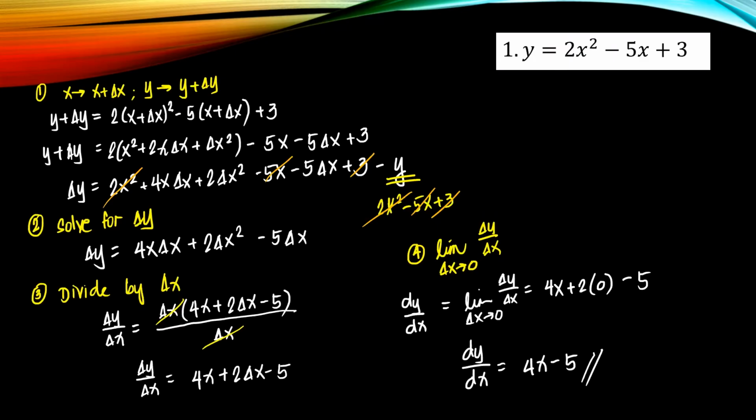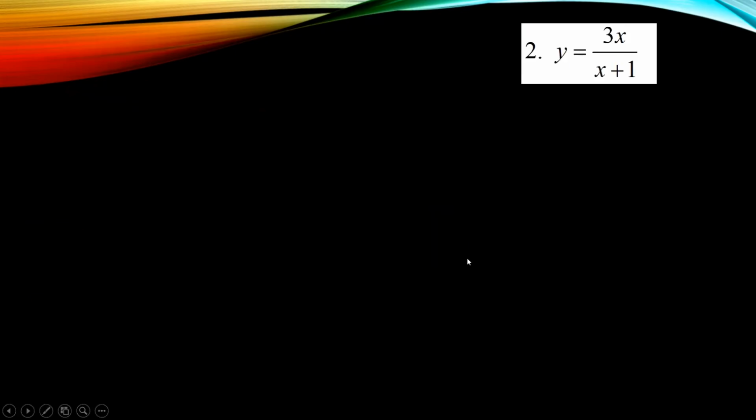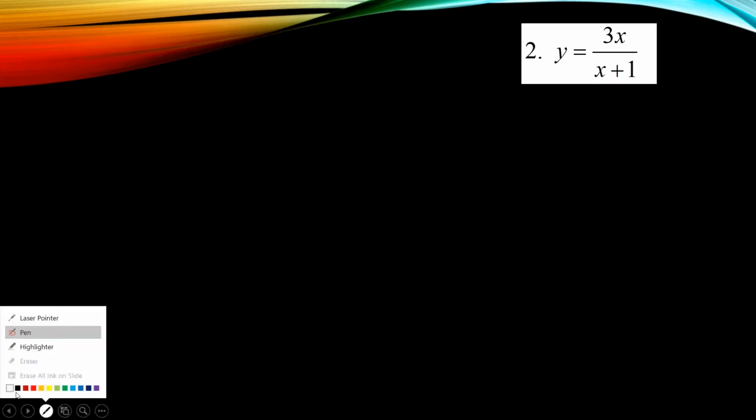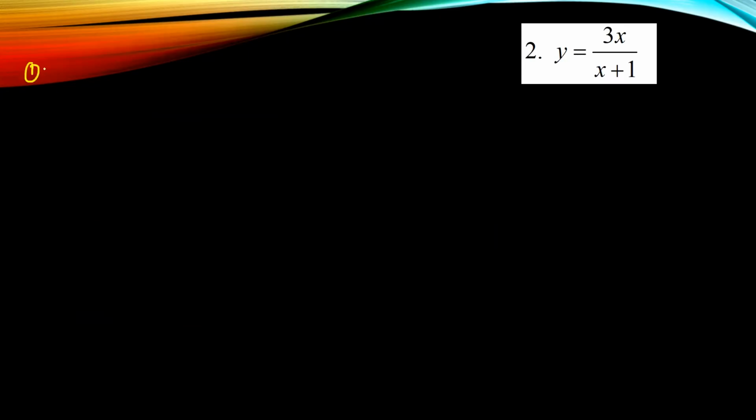Okay. Sige, I'll solve 3 more examples. So, okay, what was the first rule, guys? First step? X changes to x plus delta x, and then the y changes to y plus delta y. All right.